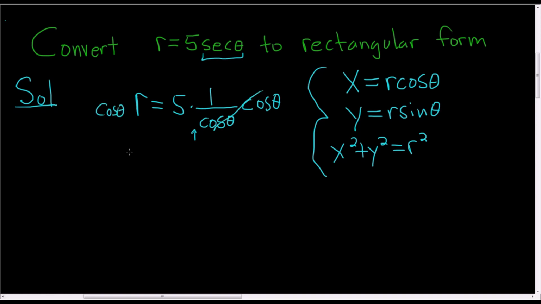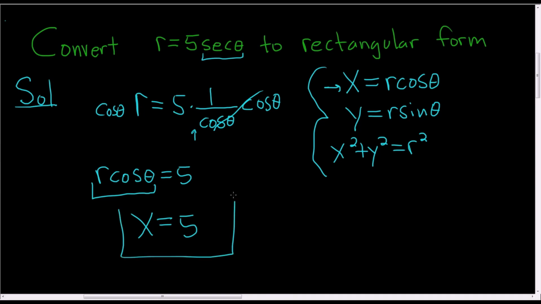These cancel, and we're left with r cosine theta, and on the right-hand side we just have a 5 left. And we know r cosine theta is just x. So x is equal to 5. And that's it. That's the final answer.